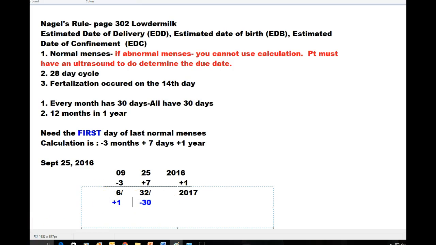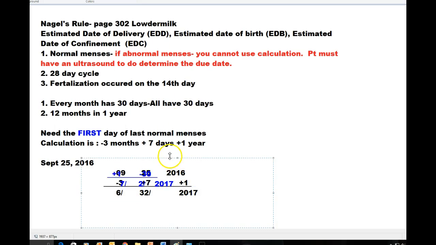So when we subtract 30 days, we add 1 month. And that is going to give us 7/2/2017. So our due date would not be June 32nd. It would be July 2nd, 2017. Okay? That one was pretty easy.